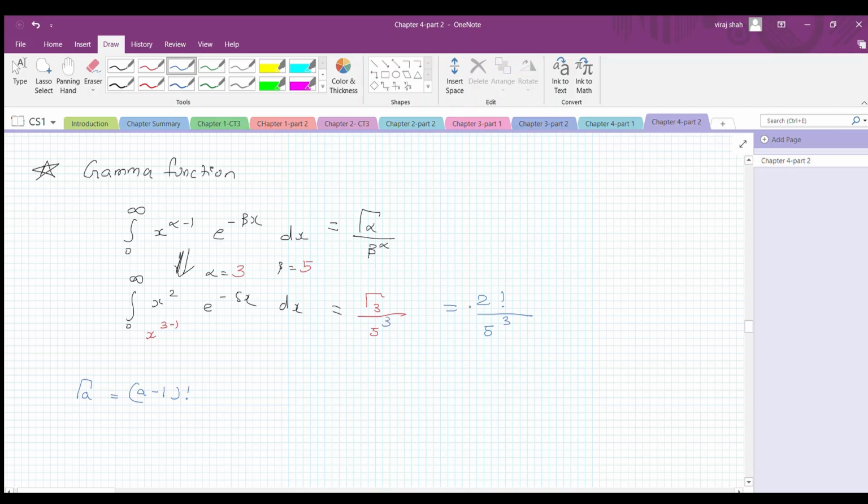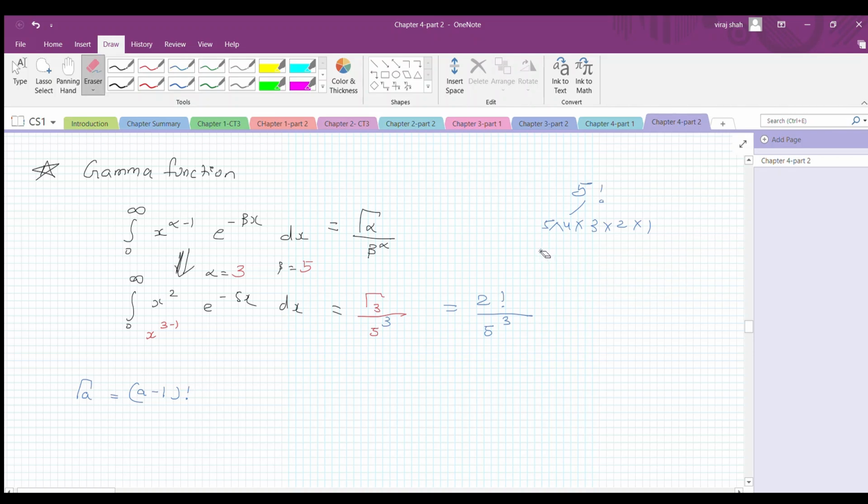What is factorial? If you forgot, I'm just explaining it once again. We did it then also. 5 factorial is 5 into 4 into 3 into 2 into 1. I can also write this as 5 into 4 factorial, because 4 factorial is also 4 into 3 into 2 into 1. So yeah, this is the explanation.